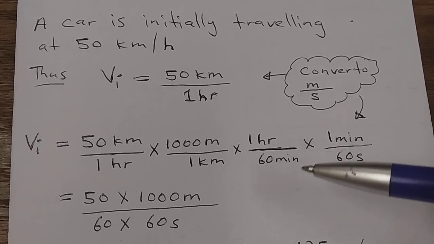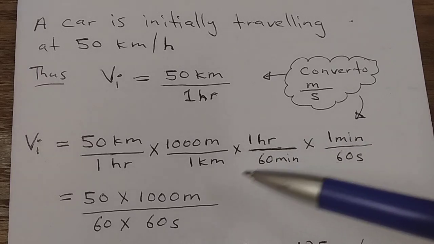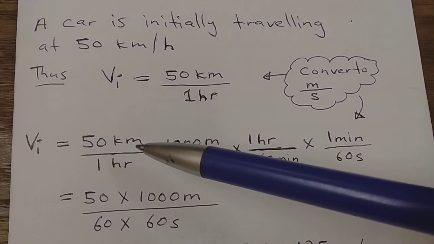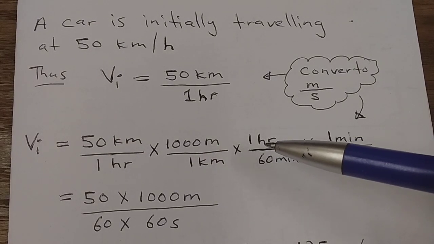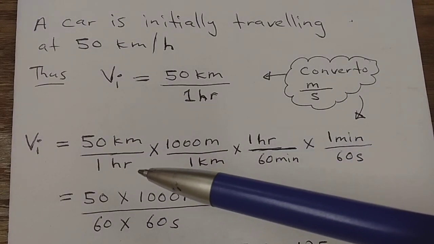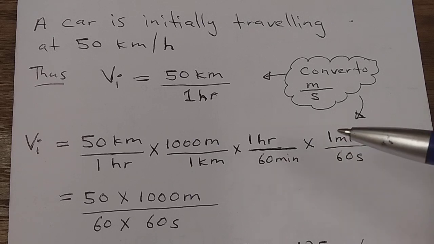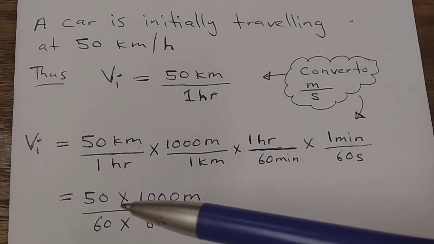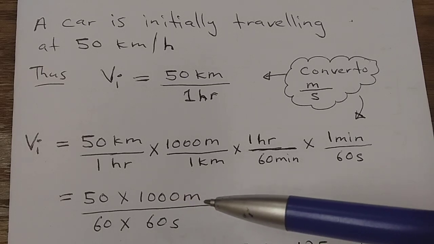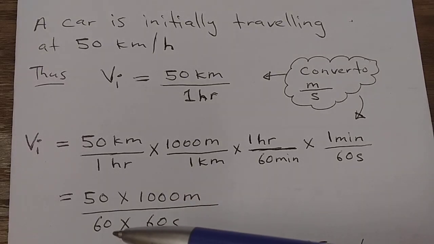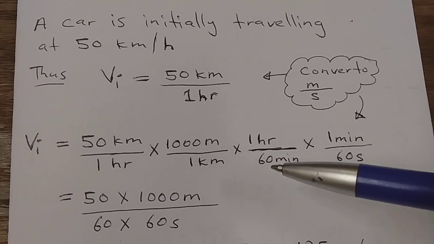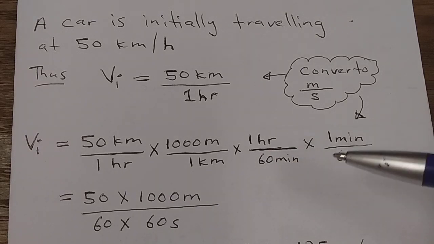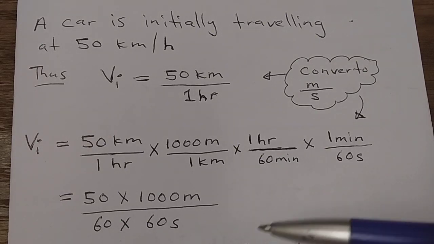Once we are here, the units cancel: the kilometers and the kilometers, the hours with the hours, minute and minute. Then you'll be left with the numerator, which is 50 multiplied by 1000 meters. On the denominator, we only have 60 multiplied by 60 seconds, because the minute and minute have cancelled.